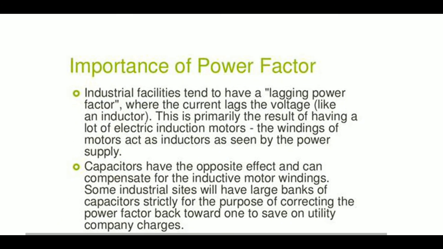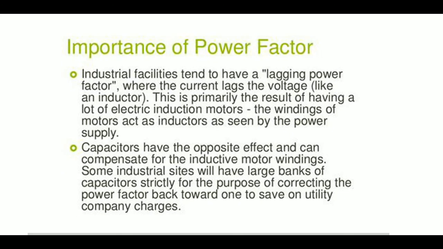Another important point: industrial facilities tend to have a larger lagging power factor, where the current lags the voltage like an inductor. This is primarily the result of having a lot of electric induction motors. The windings of motors act as inductors as seen by the power supply.